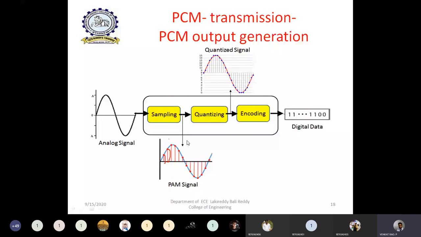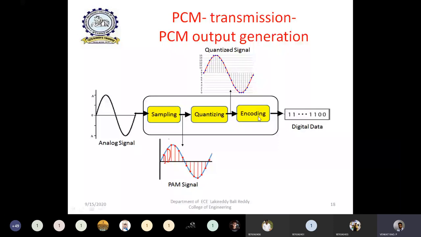Then each quantized amplitude value is passed through the encoder. In the place of the encoder, we may use an 8-bit encoder, a 7-bit encoder, or a 3-bit encoder, whatever it may be.